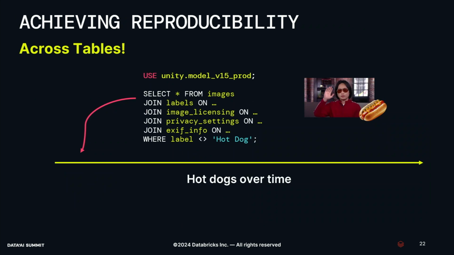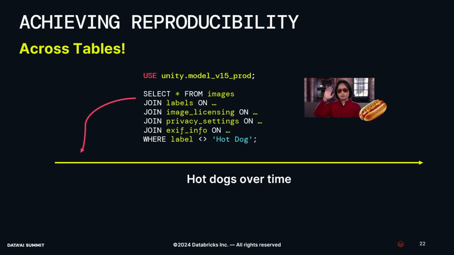So when we talk about reproducibility, why not use a tag, right? A version number. So in this case, I'm using a tag called model v15 prod, whatever name I came up with. All these tables are actually inside a lakeFS repository, right on top of my S3 bucket or my Azure Blob, whatever storage I'm using.